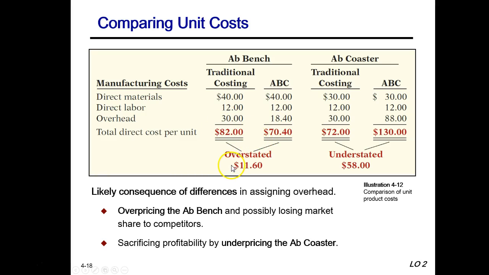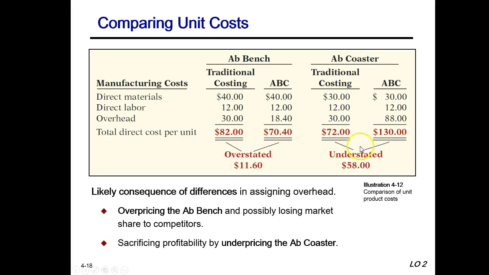You see here in traditional costing, it was overstated by $11.60, which means that possibly we were trying to sell our product for something greater than what we possibly should have because of how we were assigning costs to each of the units. With the Ab Coaster, look how scary this is.